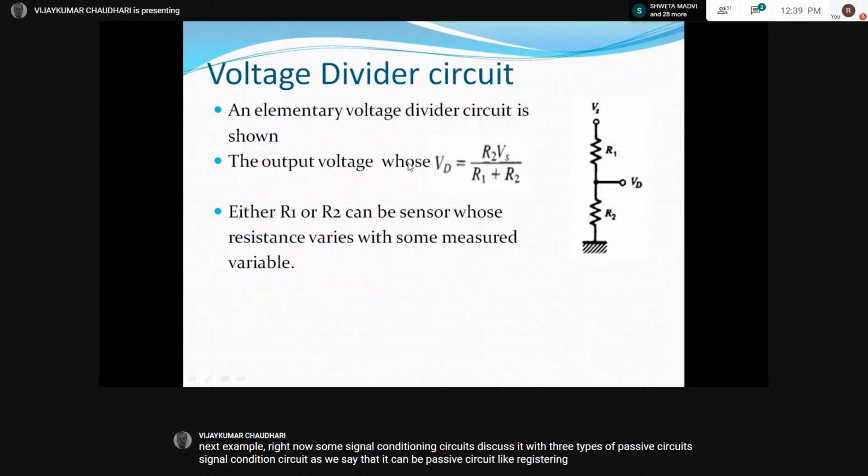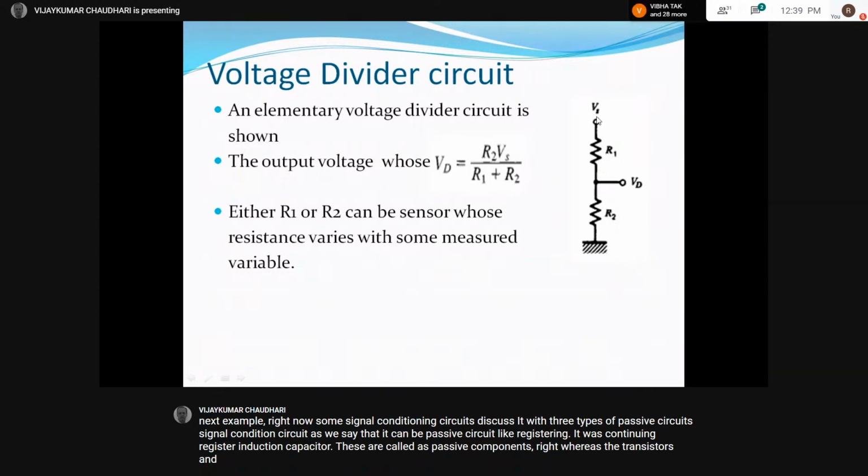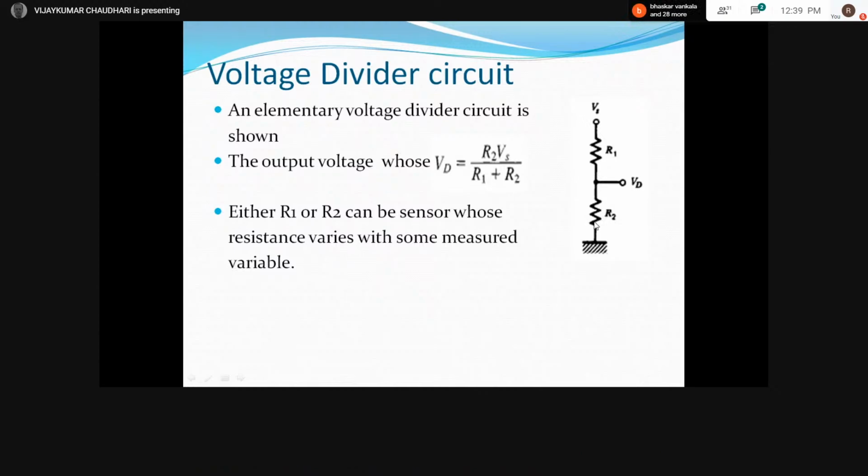Voltage divider circuit. It's very simple. The two resistances, or in AC circuits it will be impedances, R1 and R2 are the two resistances connected in series across some voltage Vs, right? This is voltage Vs and this is ground. So the applied voltage is Vs, this is 0 and this is Vs. R1 and R2 are connected like this.